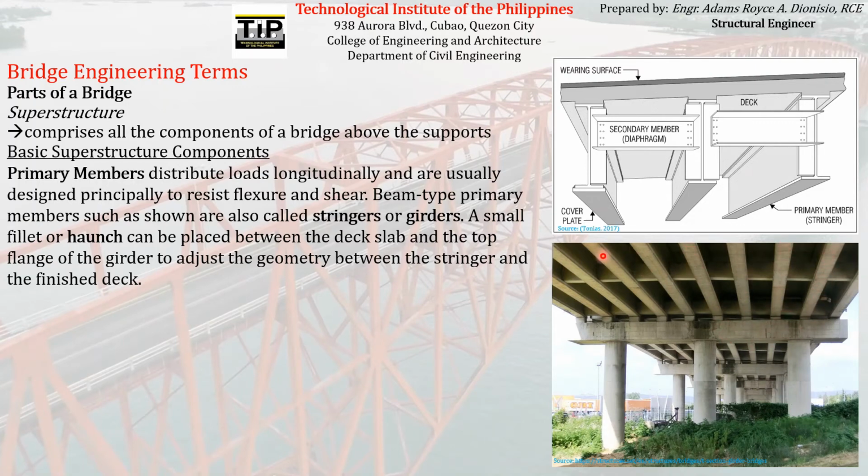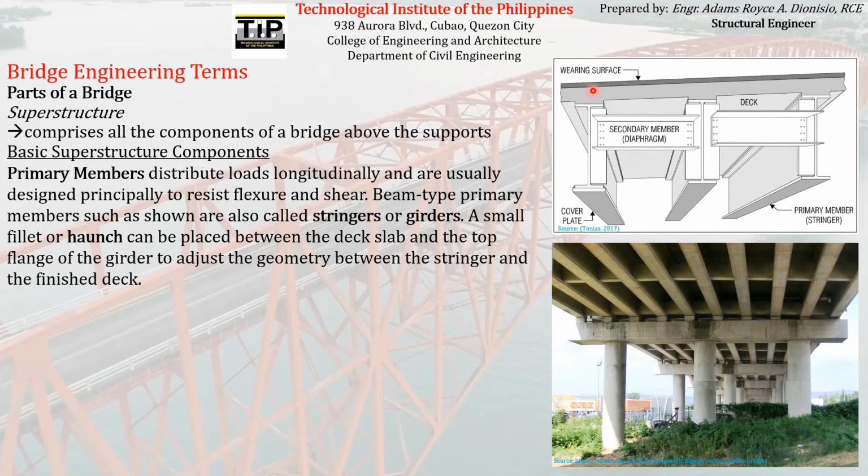So these are the longitudinal component of a bridge, which have a main purpose of resisting flexure and shear. These are the part of the bridge that supports the deck together with the wearing surface. That is the part of the bridge where the deck is put on top.